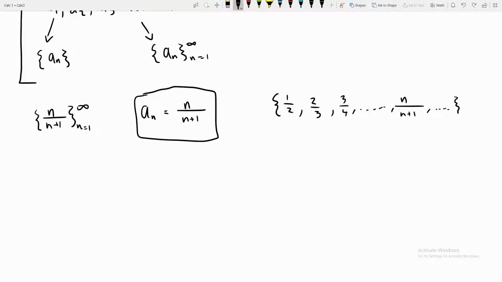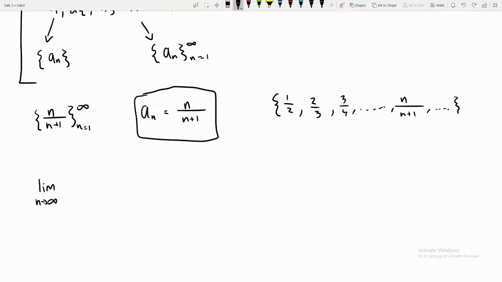And we sort of know how to do that already. All we need to do is take the limit as n approaches infinity of the nth sequence term, because we want to find what the value is when n is equal to infinity.